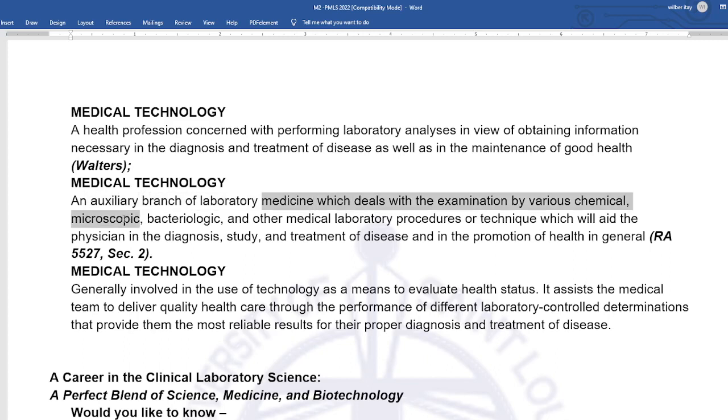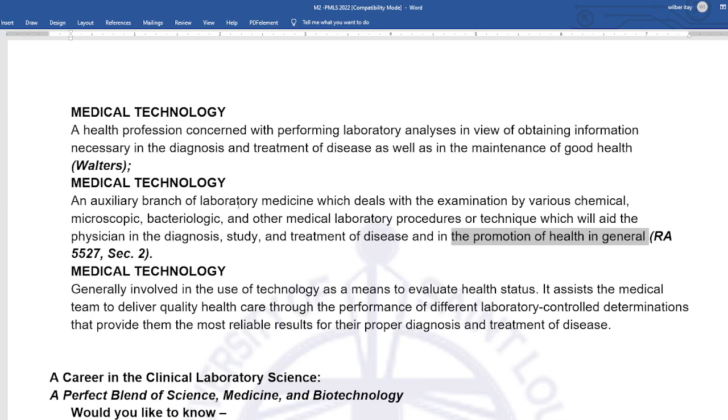So it's specified that our profession is under clinical laboratory diagnostics or laboratory medicine, which deals with the examination of various chemical, microscopic, bacteriologic, and other medical laboratory procedures or technique, which will aid the physician in the diagnosis, study, and treatment of disease, and in the promotion of health in general. Okay, so actually, this is the end goal of what we do. Even doctors, that is to promote health in general.